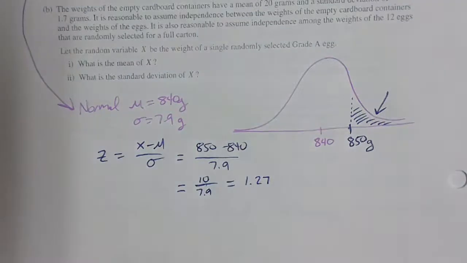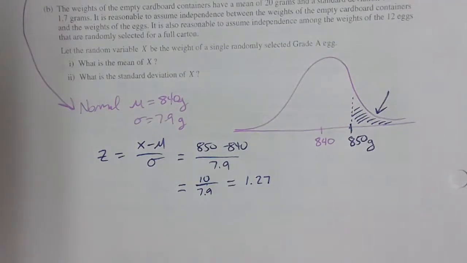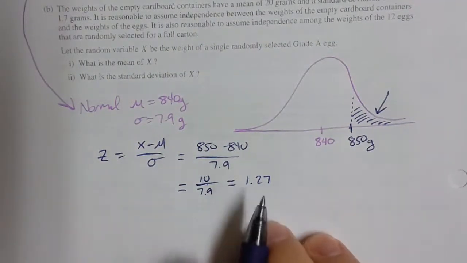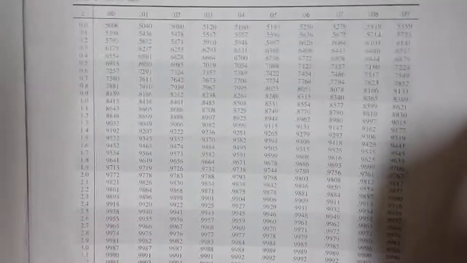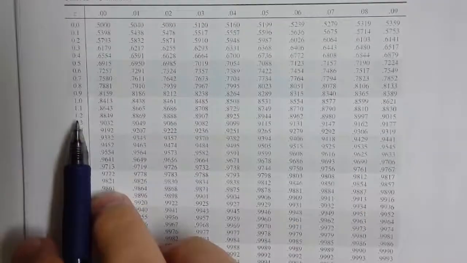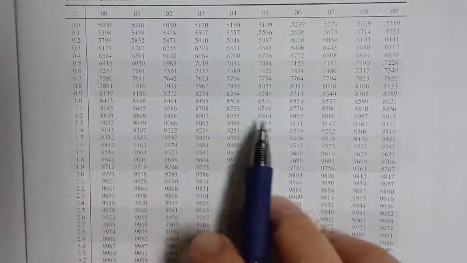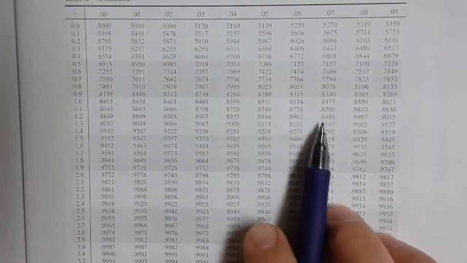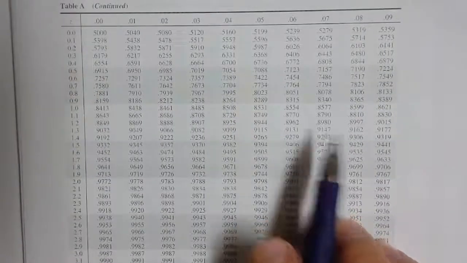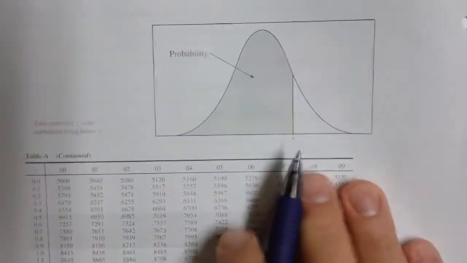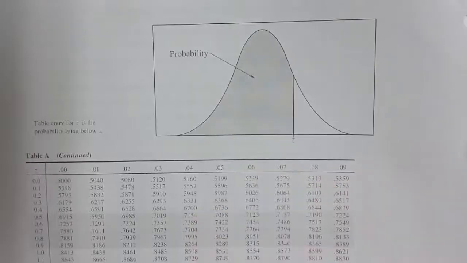And you could totally use a calculator or some other technology to look this z-score up, but when you use the table, we're just going to use 2 decimals, and this should look familiar. What I want to find here is the value that corresponds to 1.27, which is right here, 0.8980. And just as a reminder, this is the probability that the shaded region will be below that particular z-score.